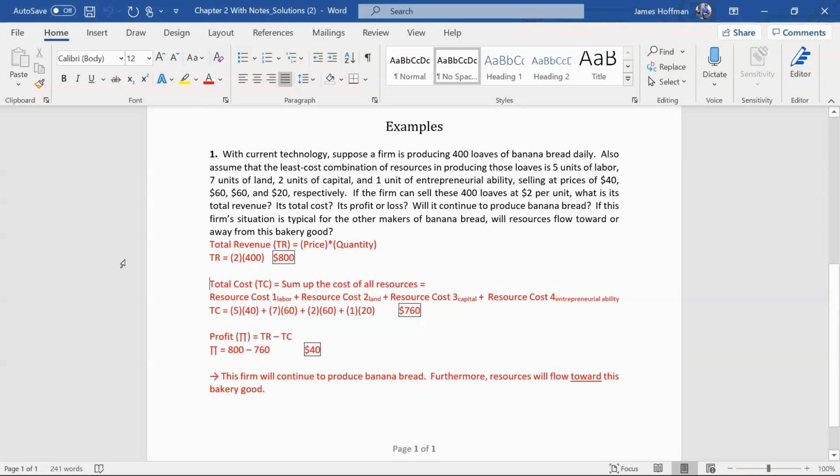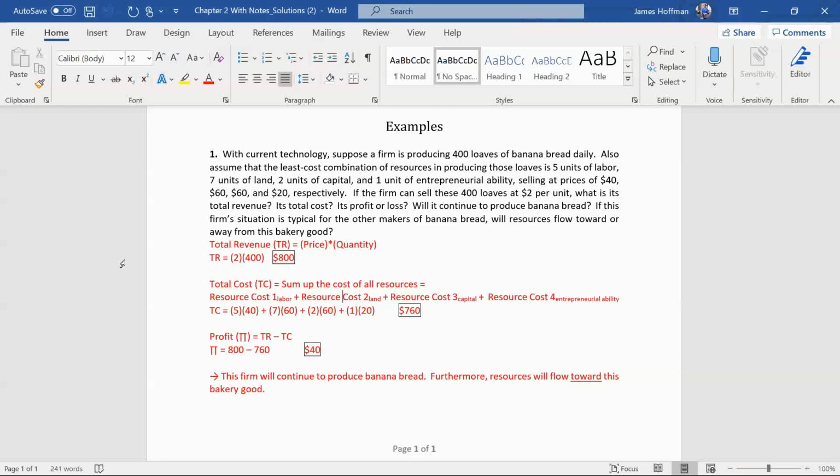Okay, so that's the revenue they take in, but there's also a cost of the business, in particular the price they have to pay for all those resources they're using. So total cost, TC, is you just sum up the cost of all the resources together. So we have resource cost 1, which is the cost of labor.